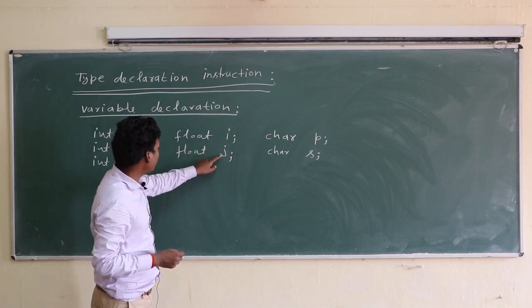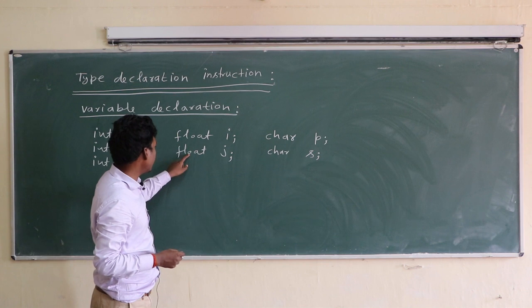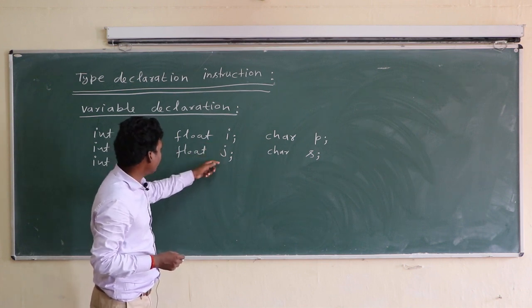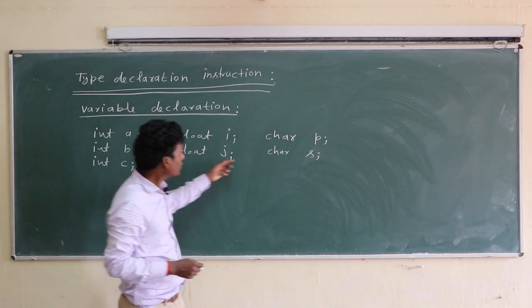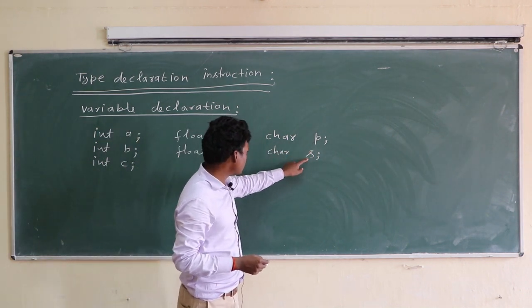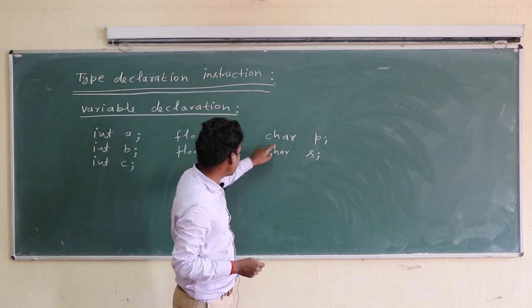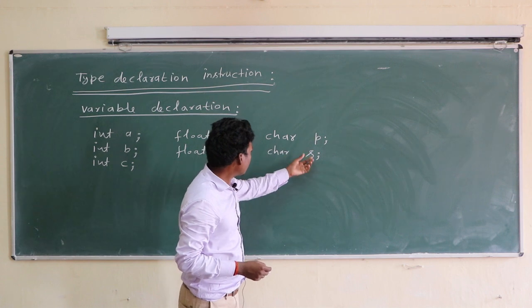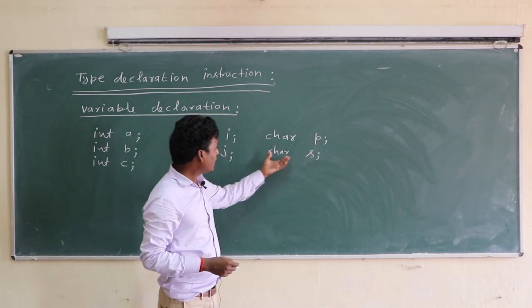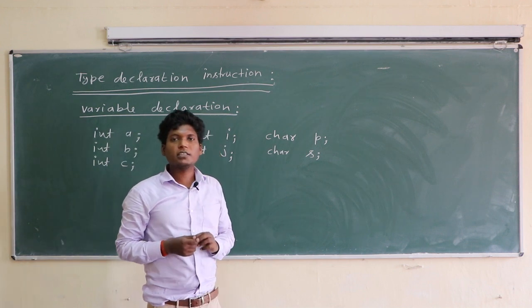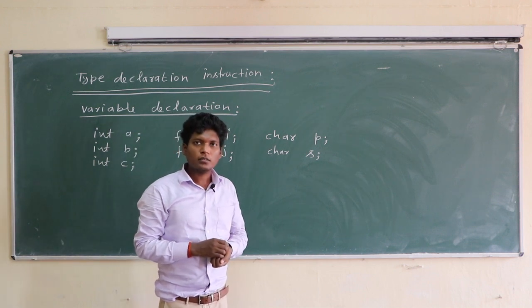Here i and j are variables and float is the data type. Char p, char s. p and s are variables. Char is a data type. Here p and s are character variables and are declared like this. In variable declaration, we do not assign a value.